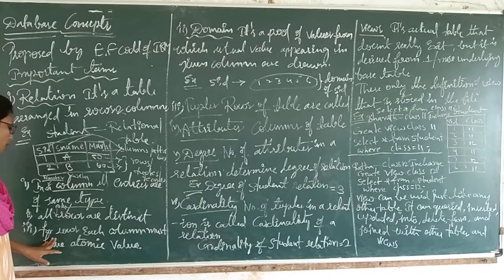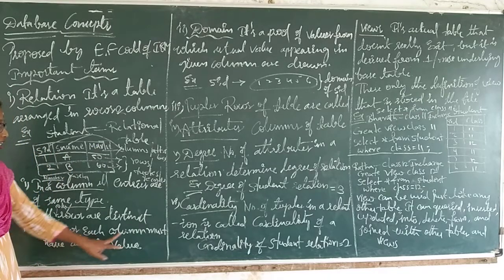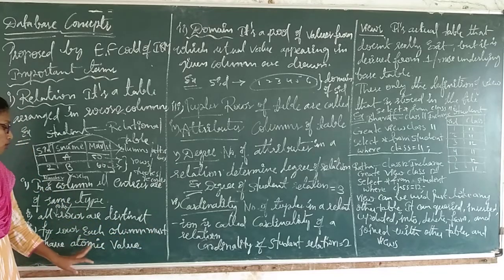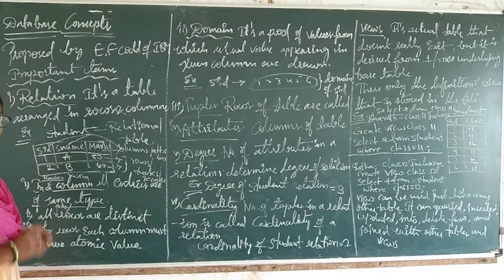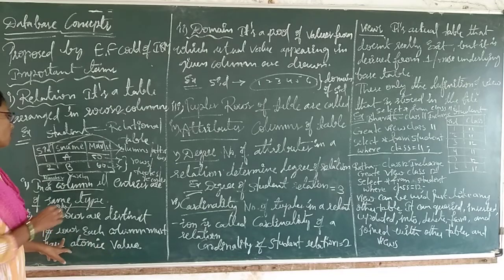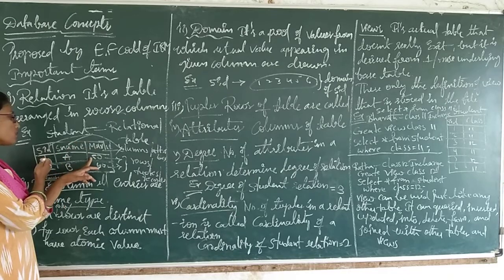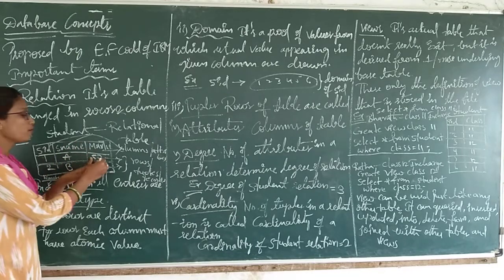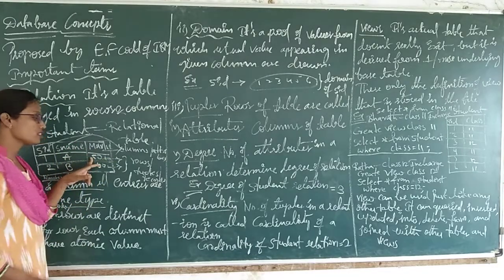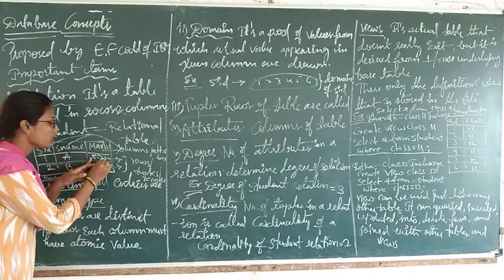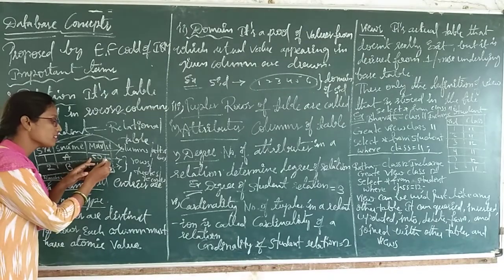And the last point is that for rows, each column must have atomic values. For example, in this row, for the first student the marks are 50, 60. Here I am storing 50 and 60.